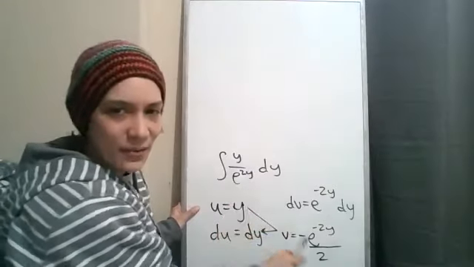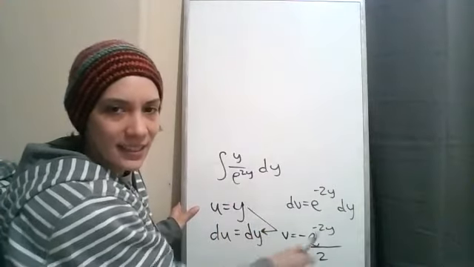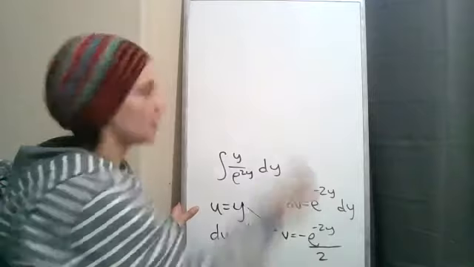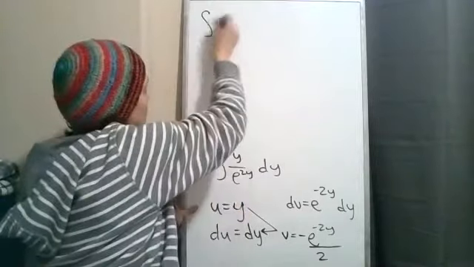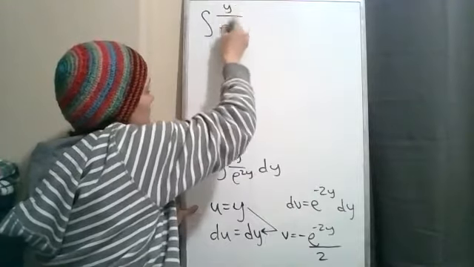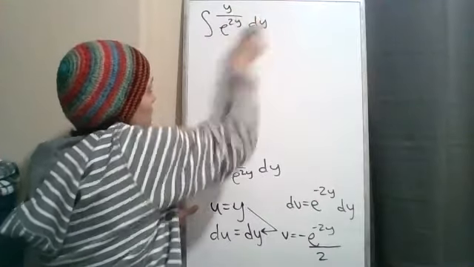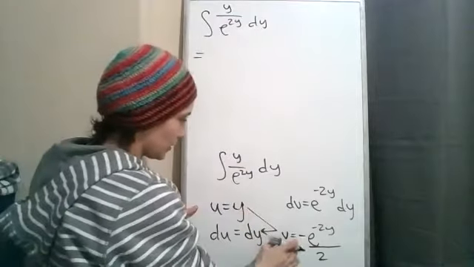So negative y e to the negative 2y over 2. Let's start here. Okay, this and this.